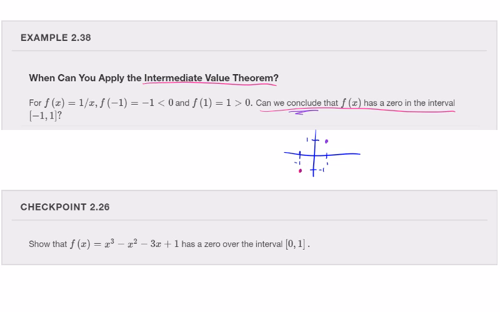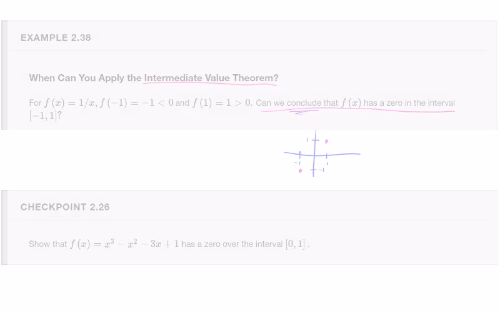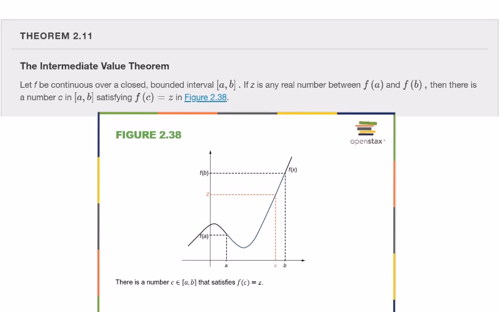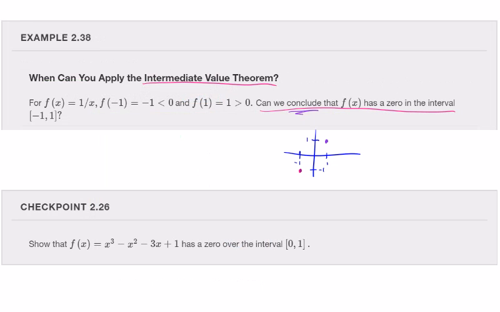Well, not so fast. Remember that one of the qualifications of the intermediate value theorem, almost the first thing it says, is let f be continuous over a closed bounded interval a to b. So we have to have a continuous function. So let's ask the question, is 1 over x continuous on the interval from -1 to 1?